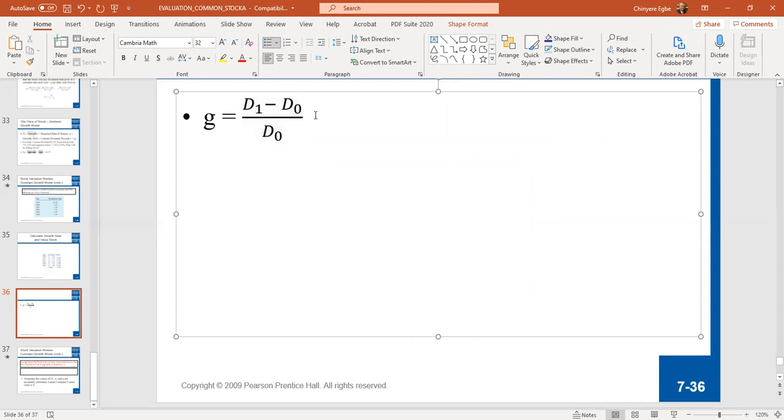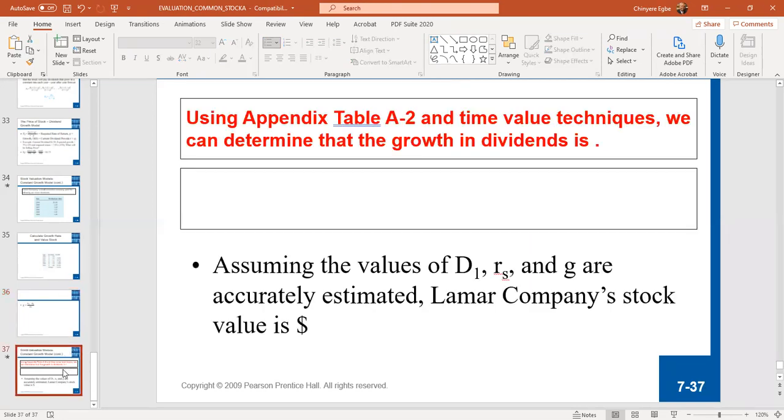All right. So essentially what I do is I take the current dividend, subtract the previous dividend, and divide by the previous dividend. So that gives you a growth rate. So now for here we have the growth equals 6.97%.